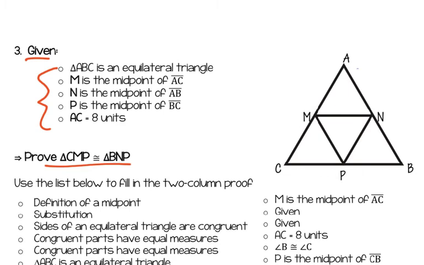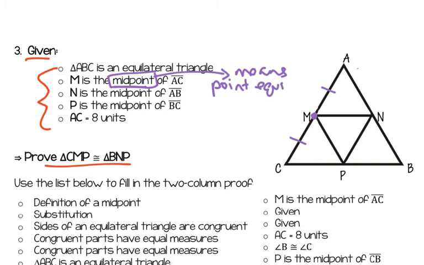Okay, M is the midpoint of AC. What do you think the word midpoint means? If we look at M being the midpoint of AC, that means that it's exactly in the middle. So that means that AM and MC are the same, because that's what midpoint means.